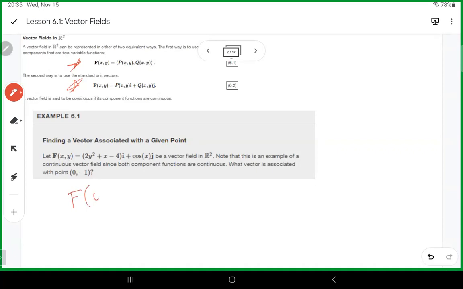So f(0, -1) is just going to be (2(-1) squared plus 0 minus 4)i plus cosine 0 j.